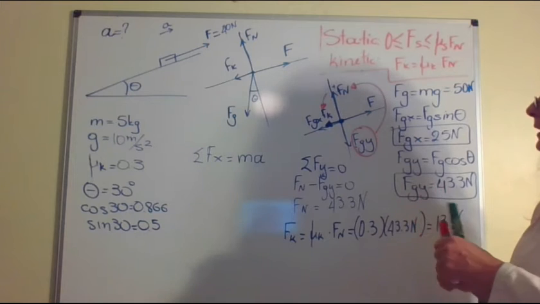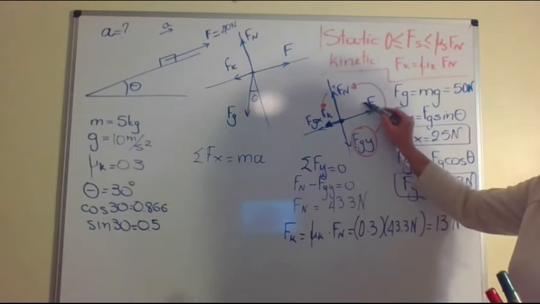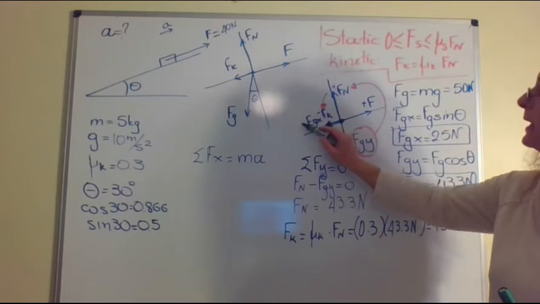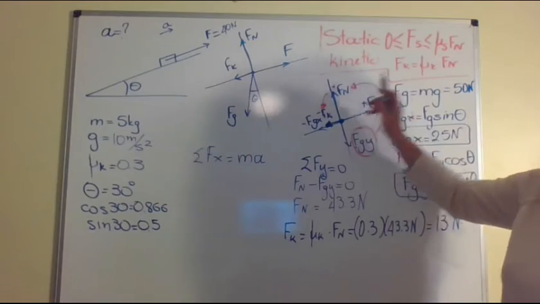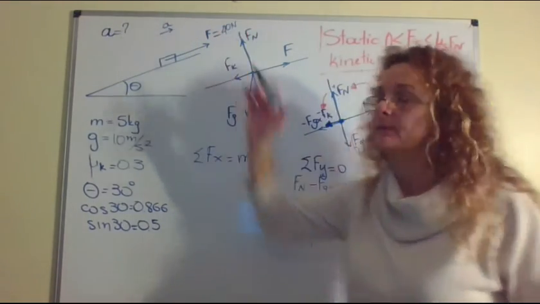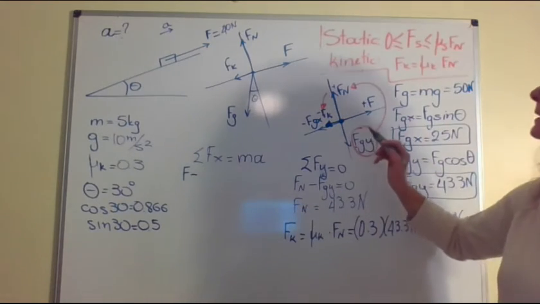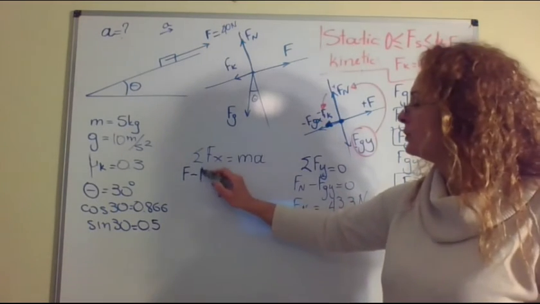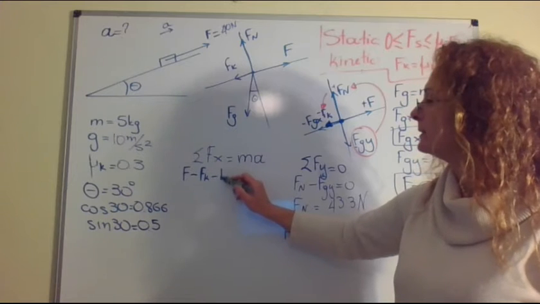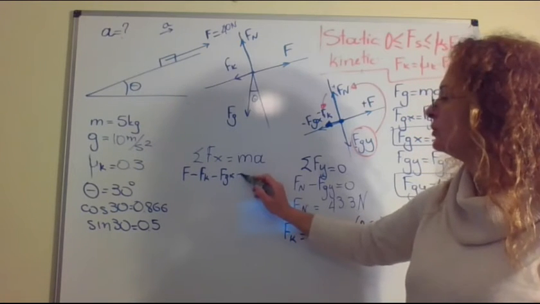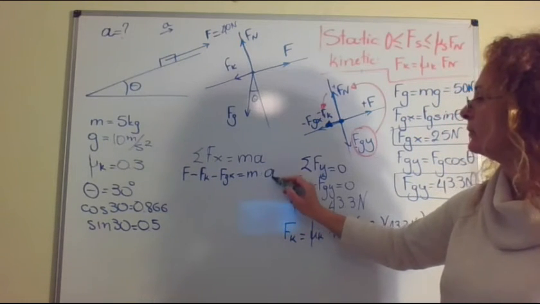So what do I have here? I have three forces. I have this one positive, and two negative, and they should create a positive acceleration. So what I have here is force minus the kinetic friction, minus the x component, equals mass times acceleration.